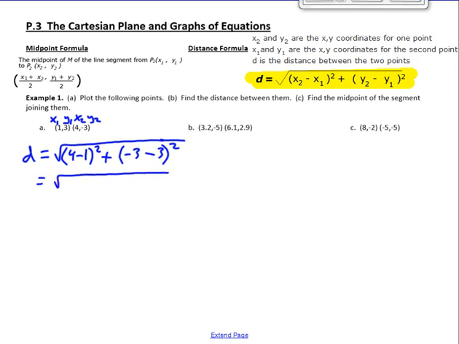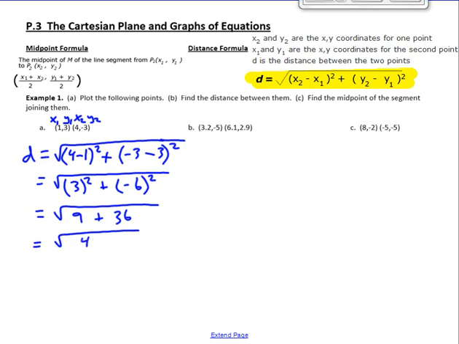We've got the square root of 4 minus 1 is 3, quantity squared, plus -3 minus 3 is -6, quantity squared. 3 squared is 9, -6 squared is 36. 9 plus 36 is 45. And the square root of 45.